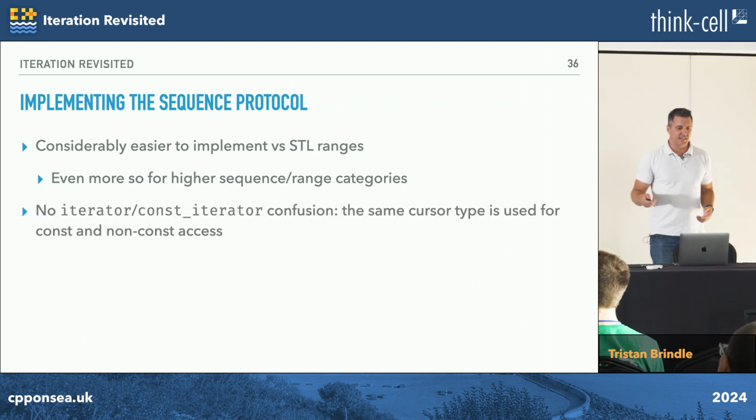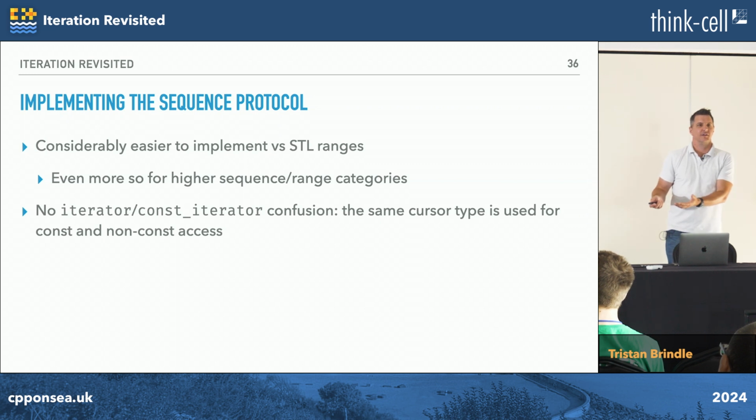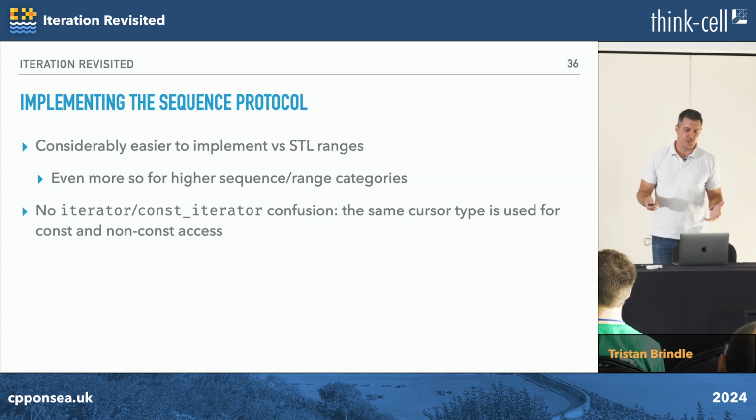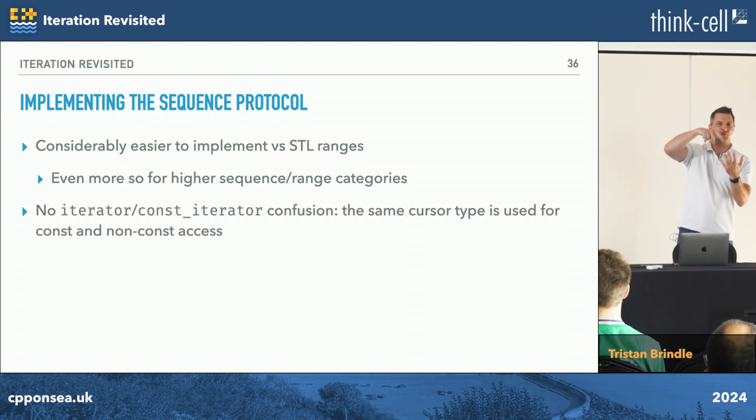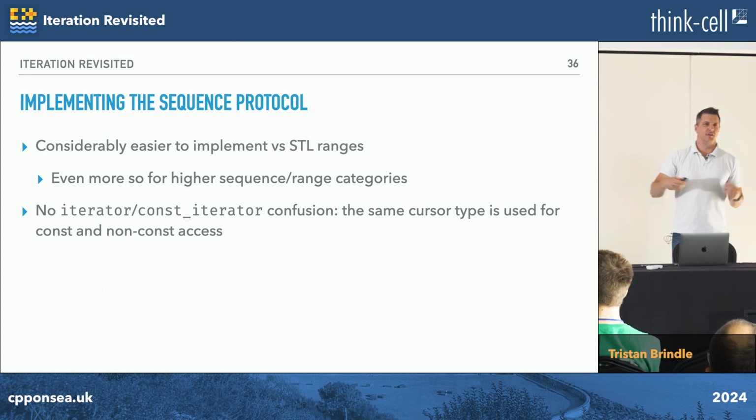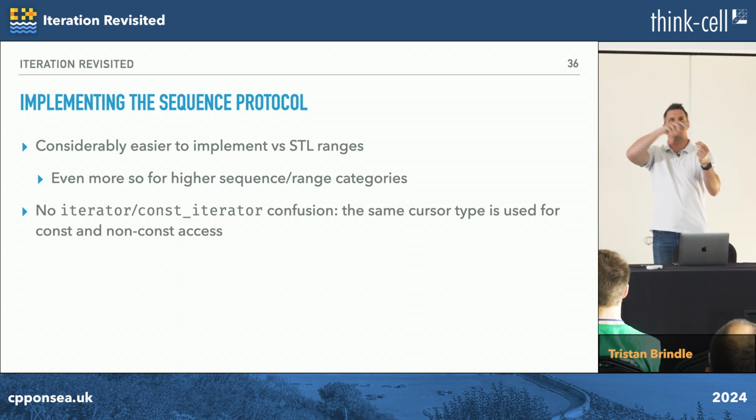The other thing you might have noticed is there's no iterator versus const_iterator thing going on. Particularly if you've implemented range adapters, this is a real headache. You have to implement your iterator, and then a const iterator as well. So you go back and template the iterator class on whether it's const or not, and then the standard requires that you can convert a non-const iterator into a const iterator.